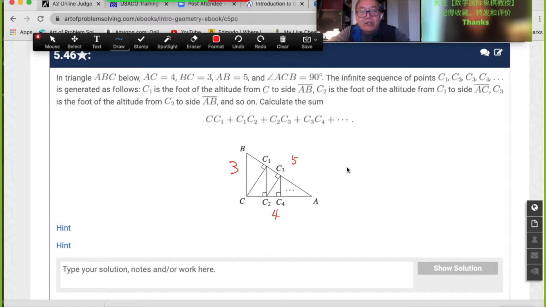Now you know we already learned that CC1 squared equals AC1 times BC1. Do you know this?